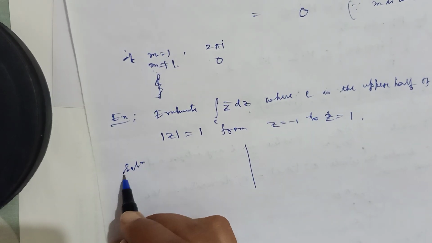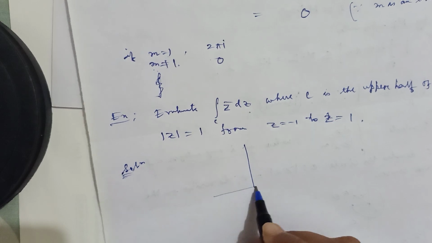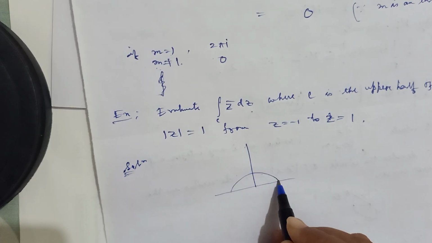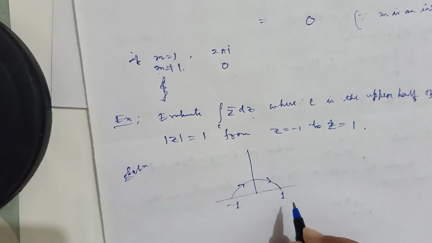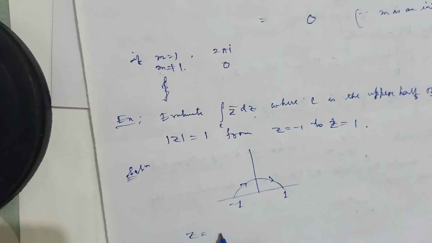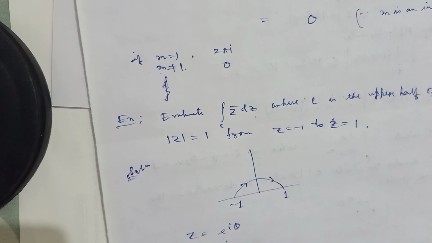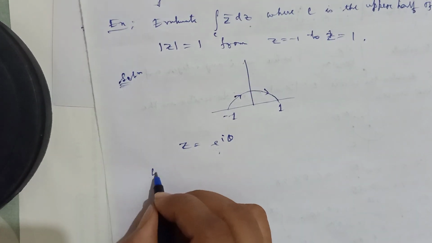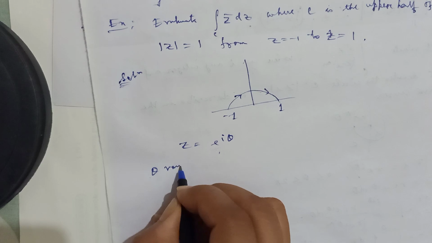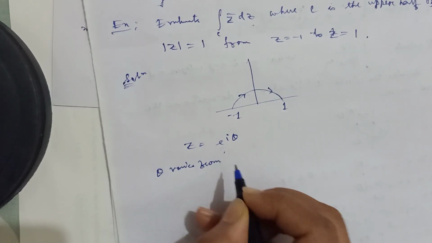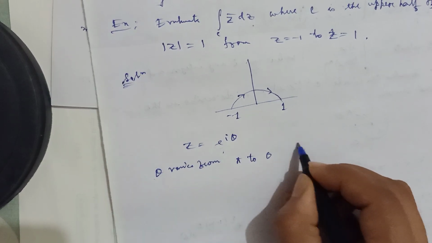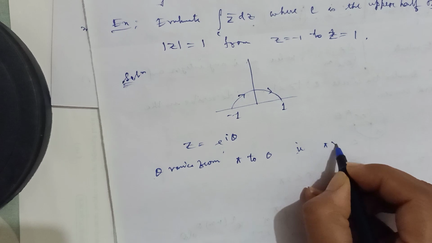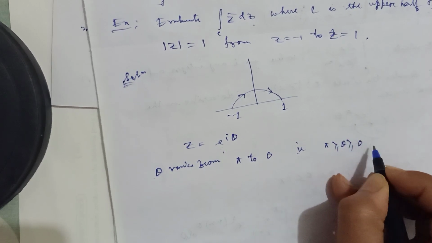The solution is, this is the upper half of the circle, this is minus 1, this is 1. So here z equals e to the power i theta, this is the parametric equation of the circle. So theta varies from pi to 0, that is pi greater than or equal to theta greater than or equal to 0.